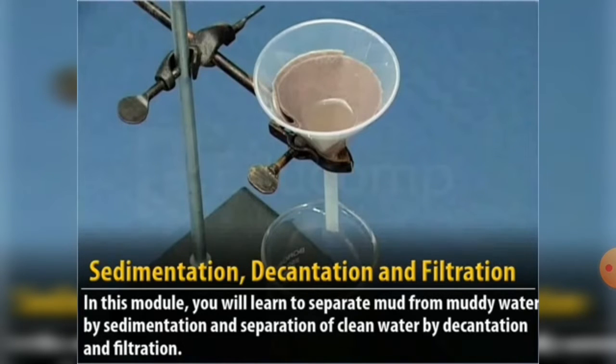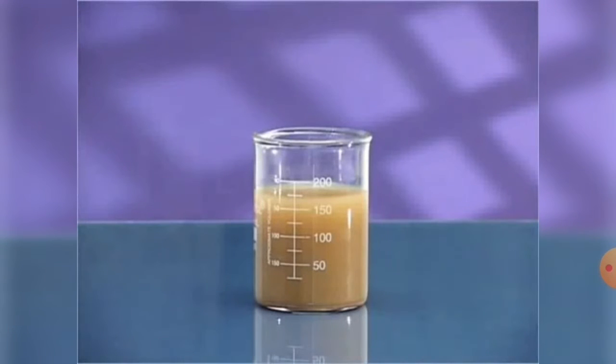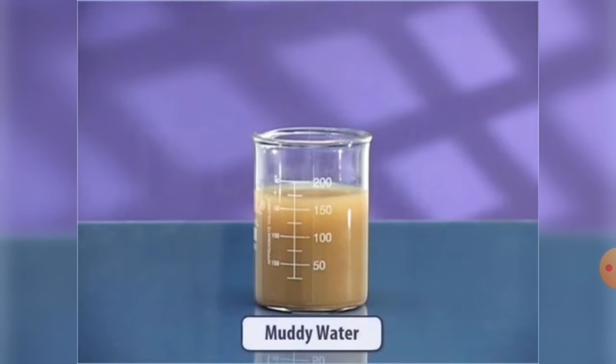For this purpose, today we will carry out a small experiment. You have to observe the experiment procedure carefully in this video and note down the observations in your notebook.